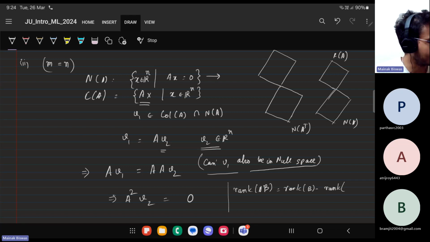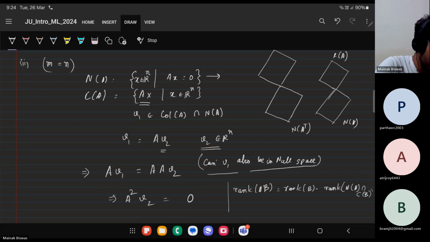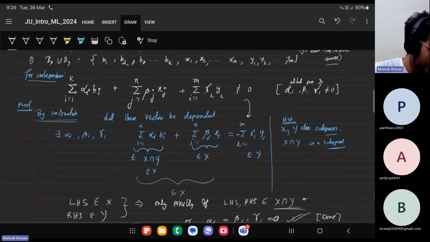I don't remember it exactly. Give me one moment. We'll use that formula. Yes, null space of A intersection column space of B. Okay, I think I wrote that a bit incorrectly. I'll just correct it. Give me one moment. Null space of A intersection column space of B.